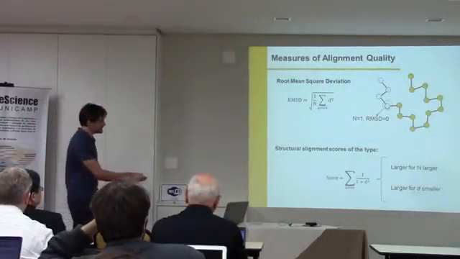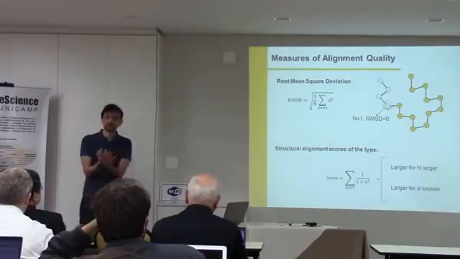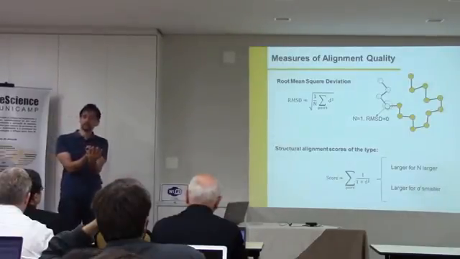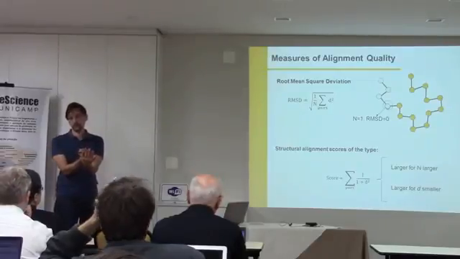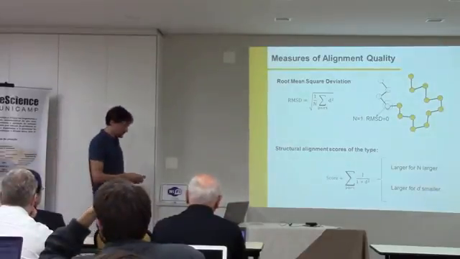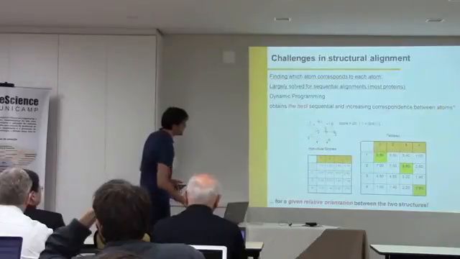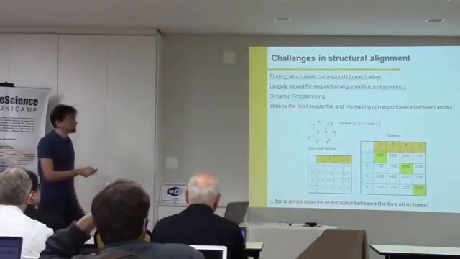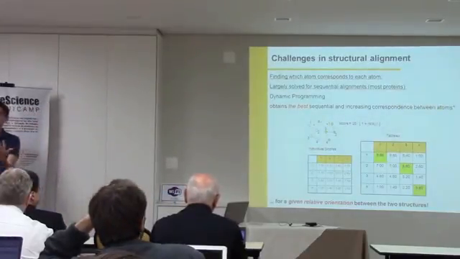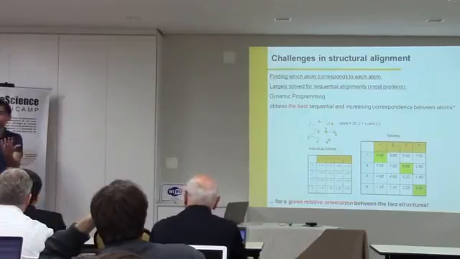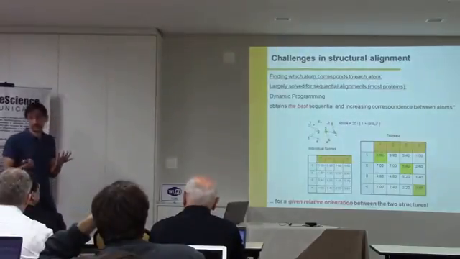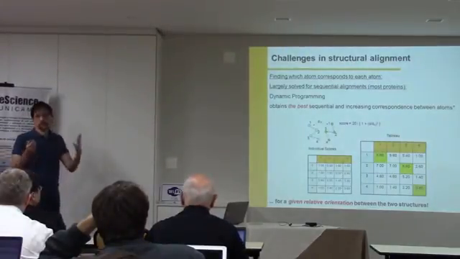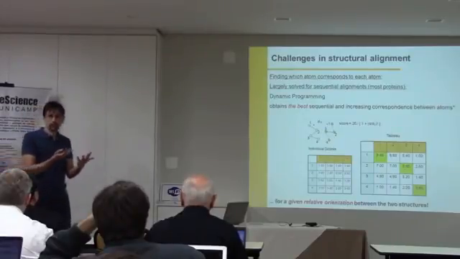So with this kind of score, we want to determine which is the largest score, which is the largest correspondence that results in the best overlap between the structures. Finding which correspondence of the atoms is the best correspondence for a given orientation of the two structures is a problem that is actually solved, at least for sequential alignments, which is in most cases the case of protein alignment.